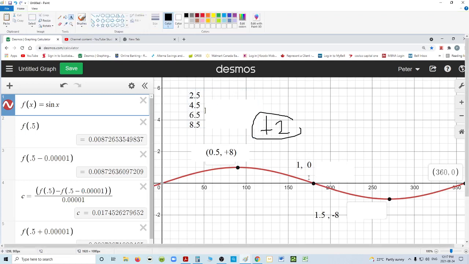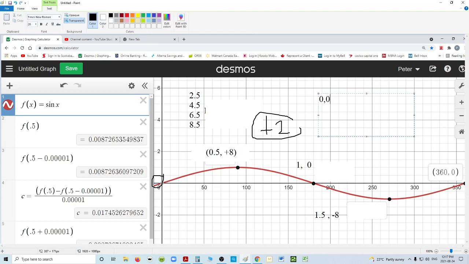I'm going to hit my axis at 0, 0, or 1, 0, and I'm going to add 2 seconds to both of those. I'm going to hit it again at 2, 0, and 3, 0. I'm going to hit it again at 4, 0, and 5, 0, which means I'm hitting the axis every second.